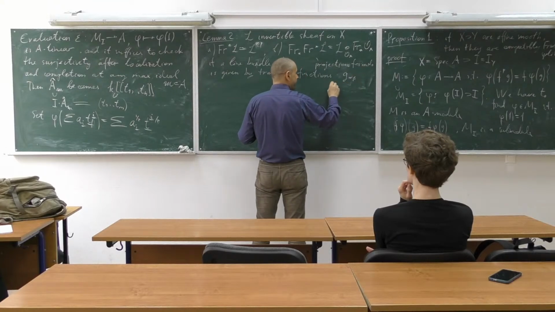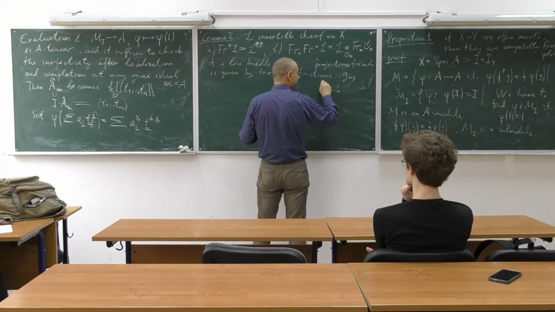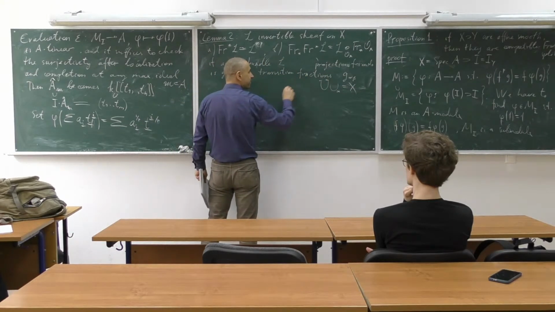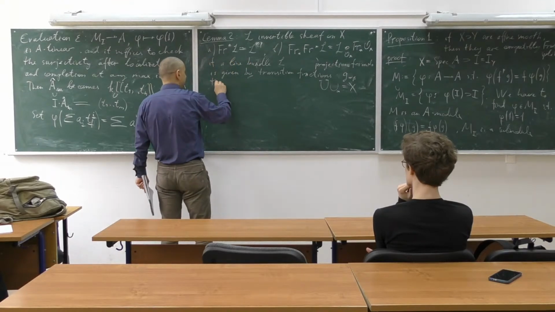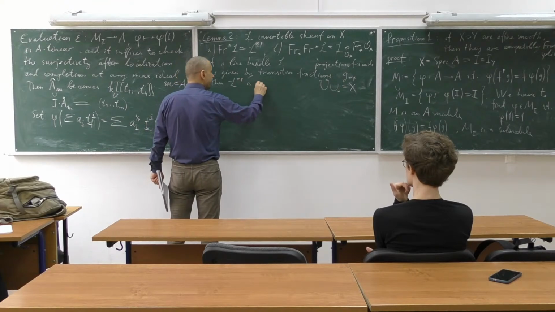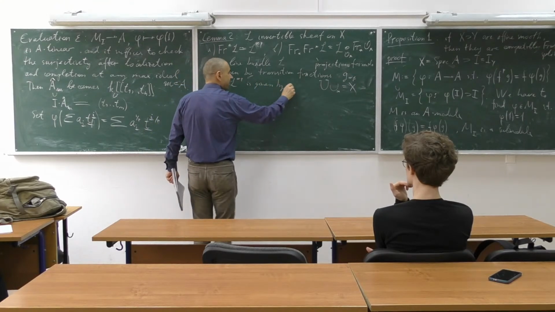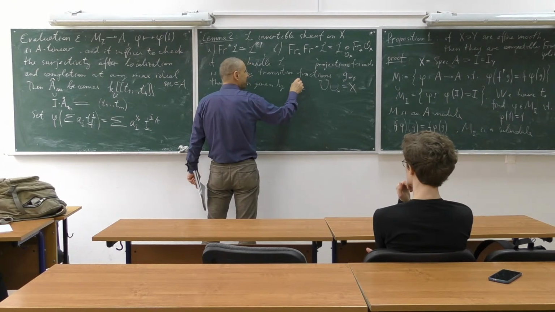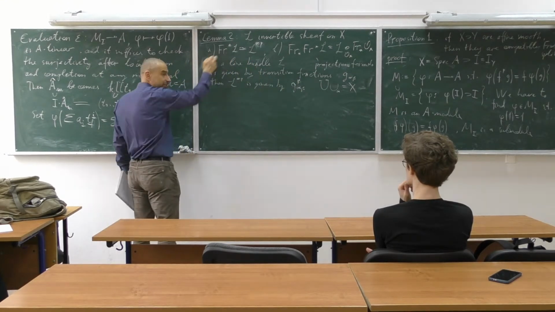So we have a covering U_alpha. Then L to the power p is given by g_alpha_beta to the power p. So we just apply the Frobenius morphism.